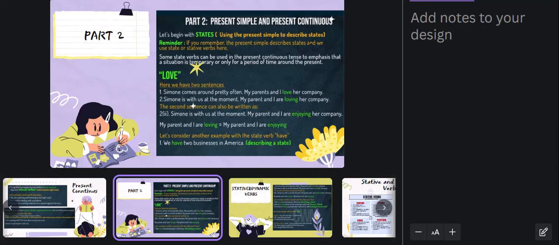Examples of stative verbs are see, know, have, like, and measure. These describe a state, but you can also use them for an action, which requires an action.